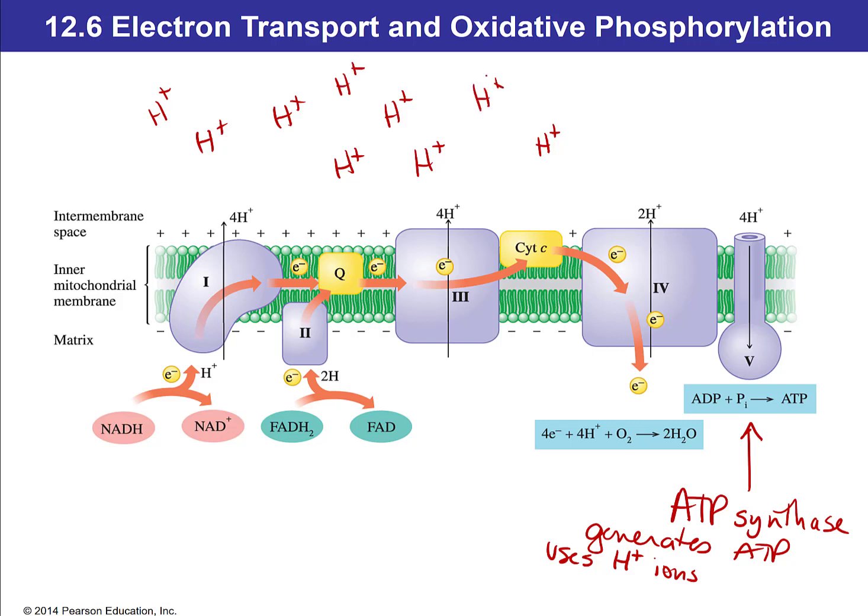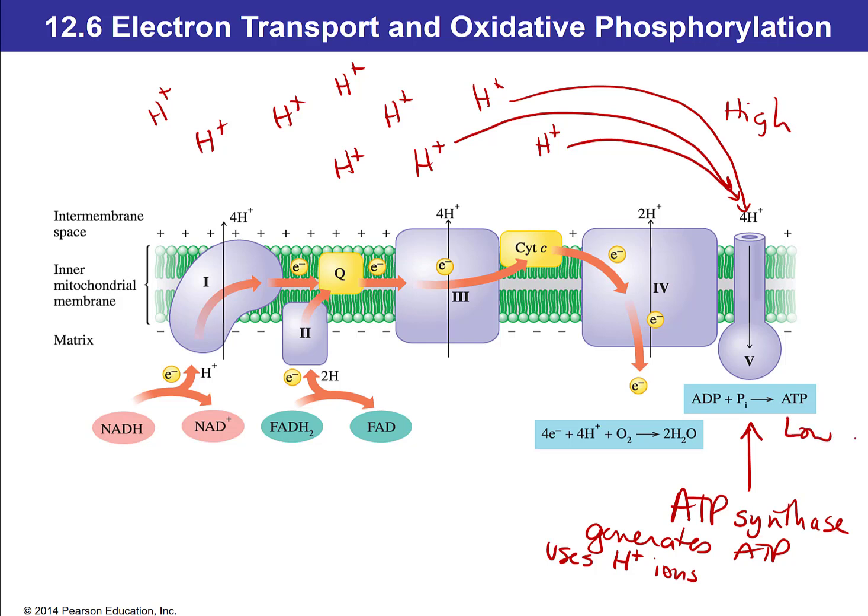So there's not very many inside, but these H pluses can actually come back into the mitochondria, going from high concentration to low concentration. Remember, that's the normal process. Things want to go from high concentration to low concentration by diffusion. But as they go through, it actually causes this to generate ATP.